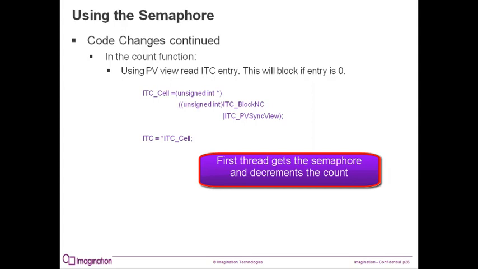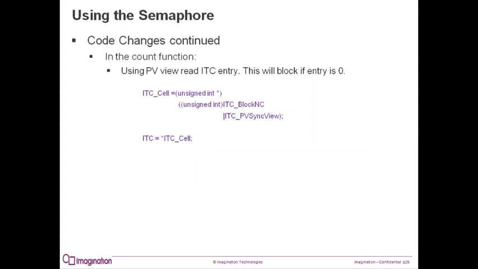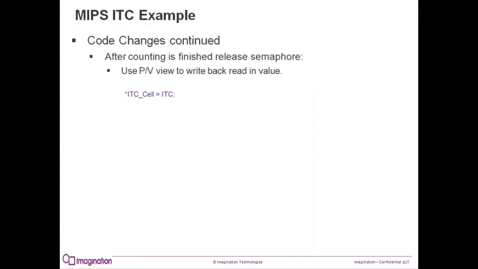Since I initially incremented the cell, the first thread to get to this point will get the semaphore and decrement the cell counter to 0. The next thread that reads the cell will block, waiting until the cell counter is incremented before it can continue. Then I add code after the count loop to write to the cell. This will increment the cell to 1 so another thread can continue using the count loop.